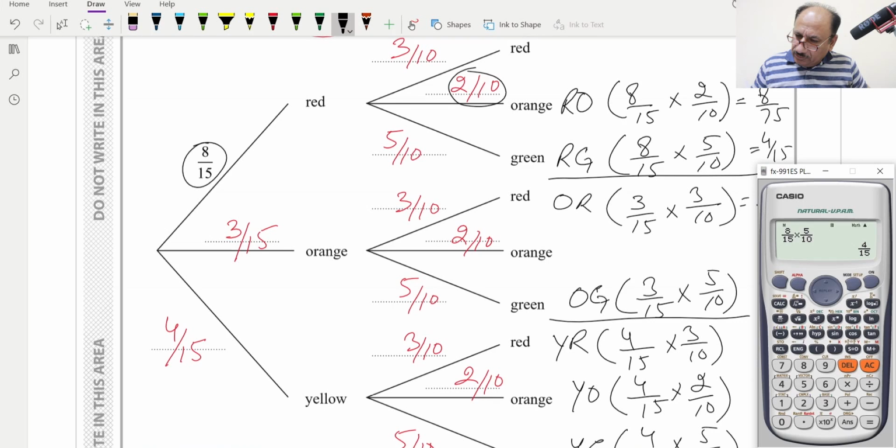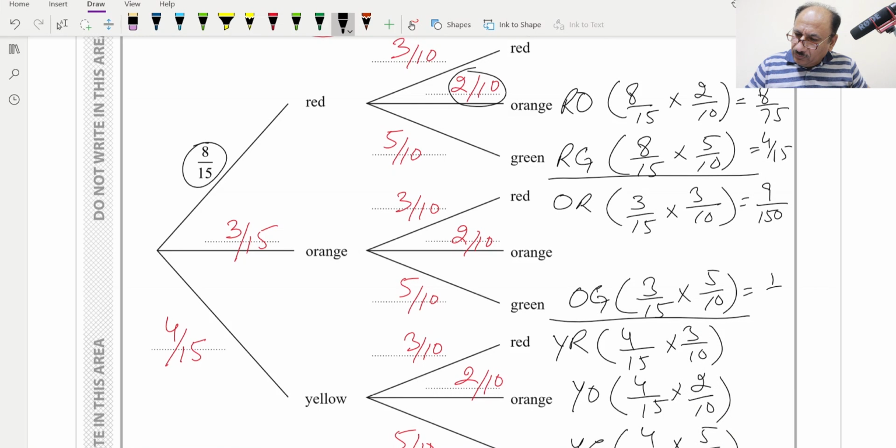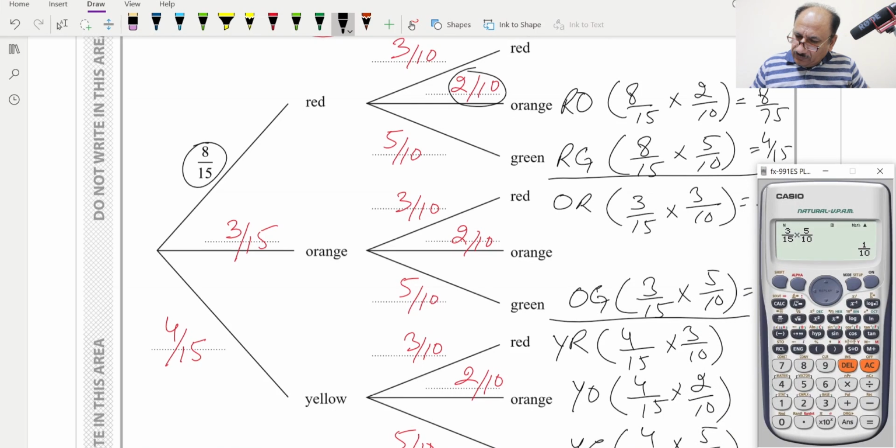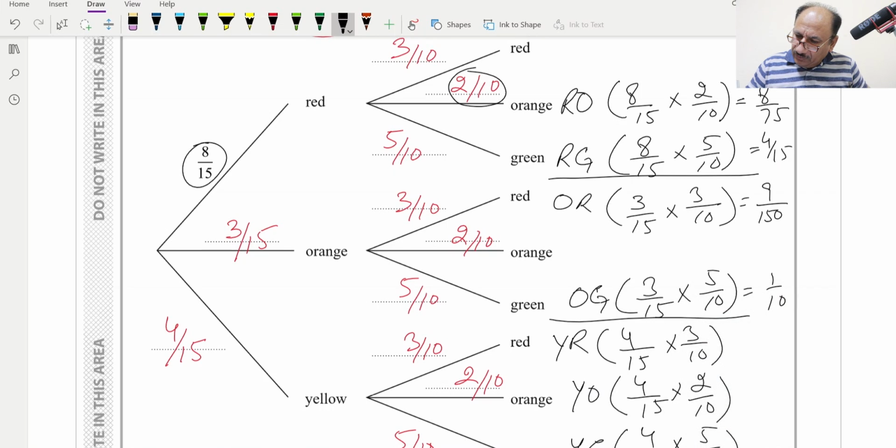Next we can calculate 3 over 15 into 5 divided by 10, and this is equal to 1 over 10. So we can write here 1 over 10. And next will be yellow and red, 4 over 15 multiplied by 3 over 10, and this is equal to 2 over 25.